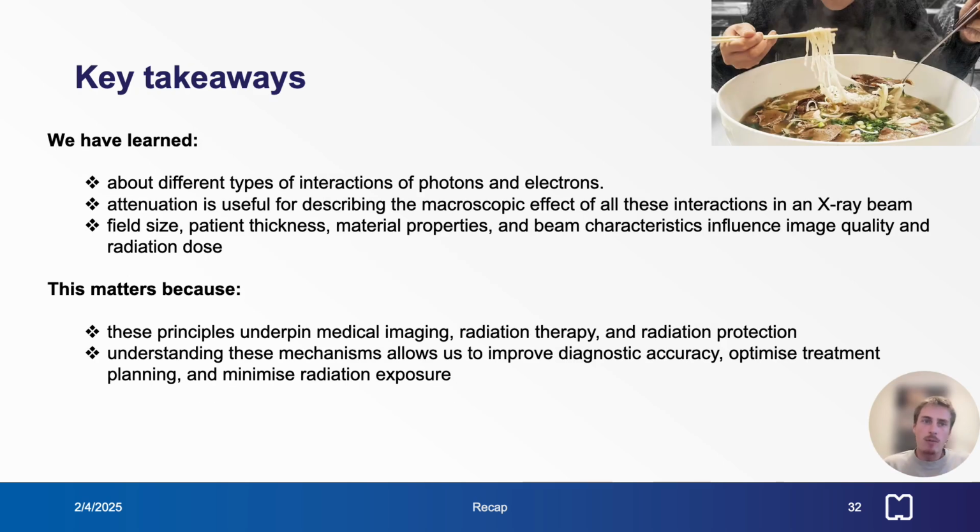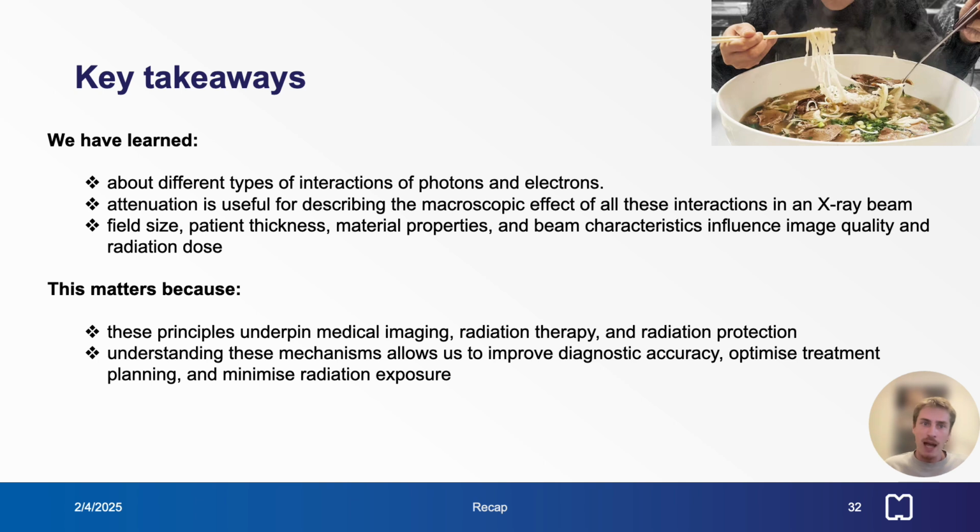So, to summarize, in this video, we've learned about different types of interactions of photons and electrons with matter. We've learned that attenuation is useful for describing the macroscopic effect of all these interactions in an X-ray beam. And we've learned that field size, patient thickness, material properties, and beam characteristics influence image quality and radiation dose.